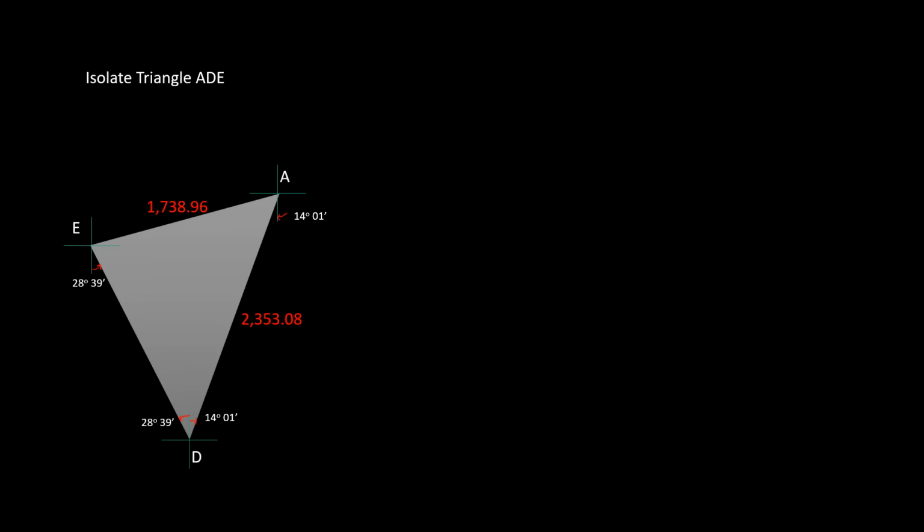Now that we have the complete information about the closing line DA, next step is to isolate triangle ADE. So in this triangle, we indicate the length of side EA as well as the length of side DA. We also indicate the directions of lines DE, north 28 degrees 39 minutes west, and the direction of DA, north 14 degrees 1 minute east.